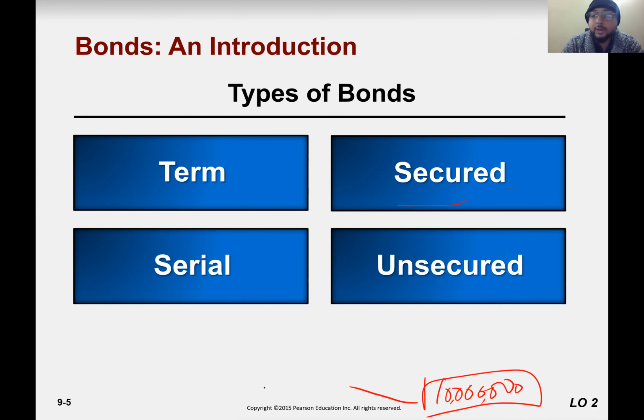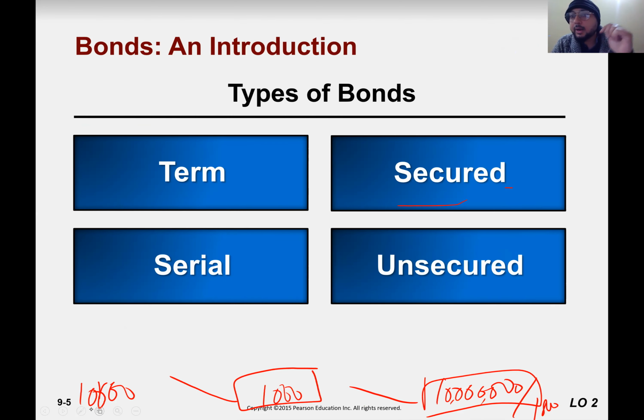And they issue certificates, normally the bonds are issued with a face value of 1,000. So how many bonds are going to be issued? If you divide this by 1,000, the answer is 10,000 certificates issued by the company.